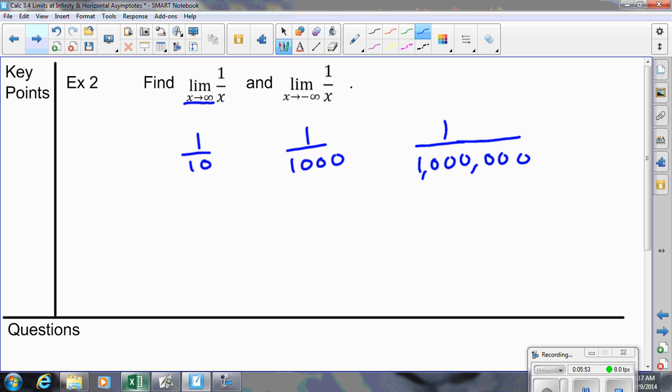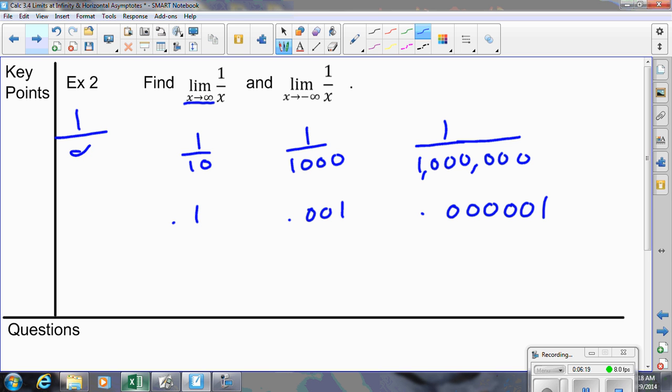And if we kept plugging in bigger and bigger x values, what's happening to it? So we're going from 0.1 to 0.001 to 0.000001. What's it going to? 0.